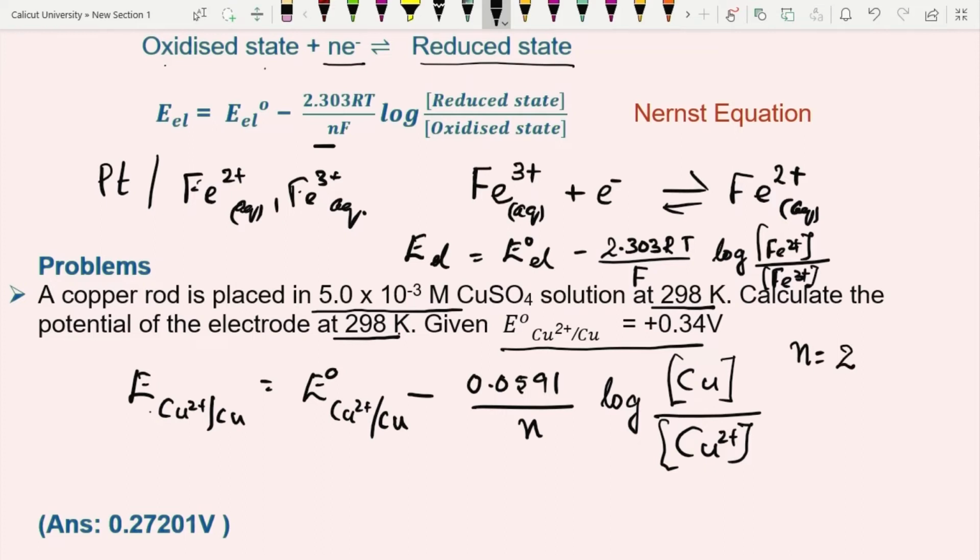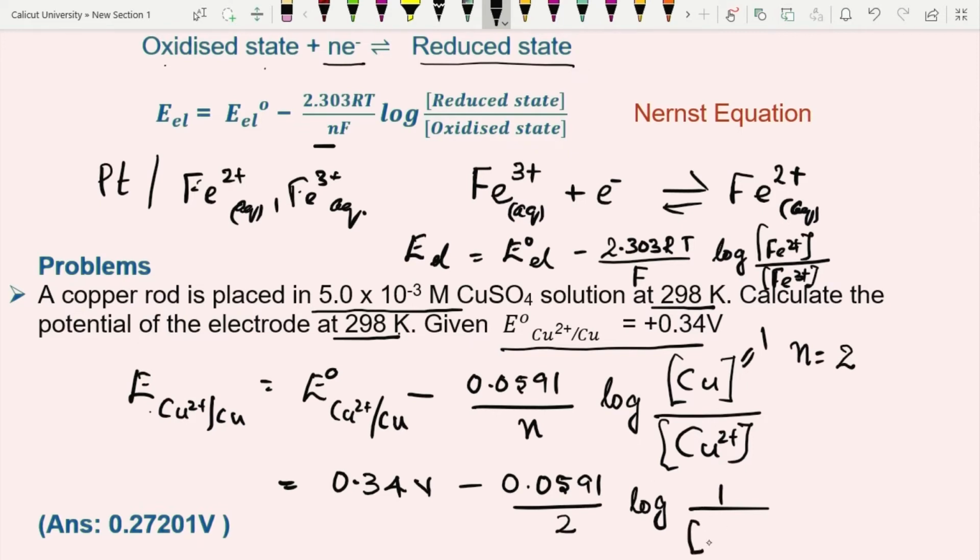Now, substituting these values and the concentration of copper, we get E0 of copper, which is given as 0.34 volts, minus 0.0591 divided by 2, log of 1 divided by the concentration of copper ions. Copper being pure, its activity is equal to 1, and the concentration of copper ions is 5 into 10 to the power minus 3 molar.